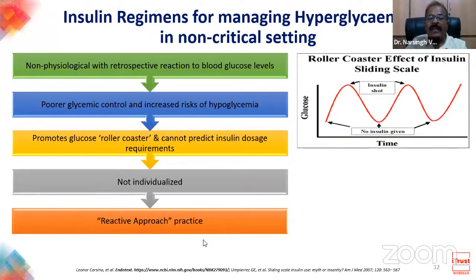So this is not good. We cannot have a reactive approach. The roller coaster effect of the insulin sliding scale is shown here. When insulin is given and when no insulin is given, either the patient is in hyperglycemia or in hypoglycemia. So this is no longer practiced, no longer advised. Next one, please.